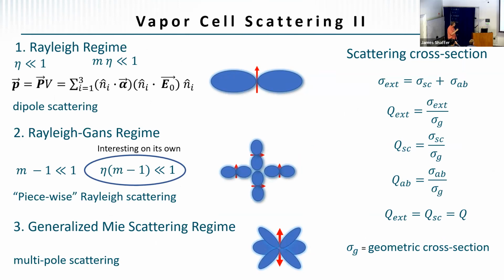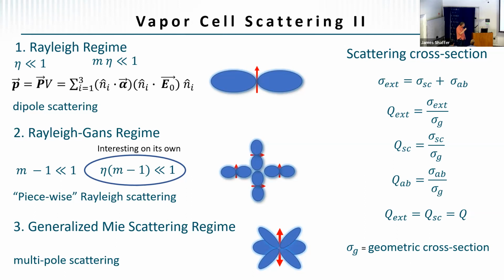And so, in the Rayleigh regime, this is just dipole scattering. So then what happens is the vapor cell acts as a dipole, and it's pretty easy to understand how to do that. Unfortunately, this isn't the total solution to this problem because of the difficulty of making these very small vapor cells. This criterion is pretty stiff.